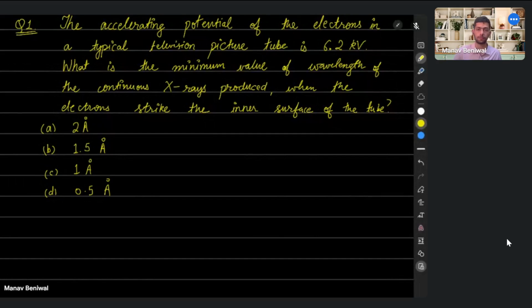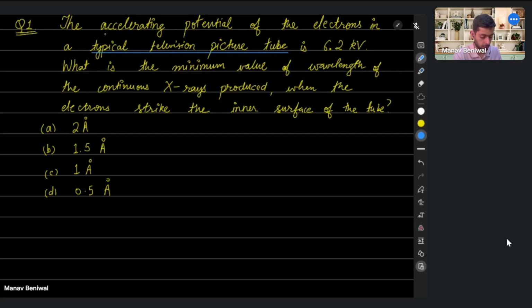Okay, so this is the question to start with. What are we given? We are given a typical television picture tube, and there is an accelerating potential which is given to be 6.2 kilovolts.